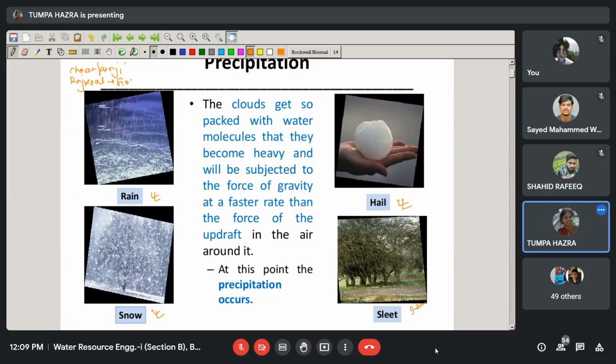Therefore, this spatial and temporal variation of rainfall causes various hydrological problems like droughts and floods.